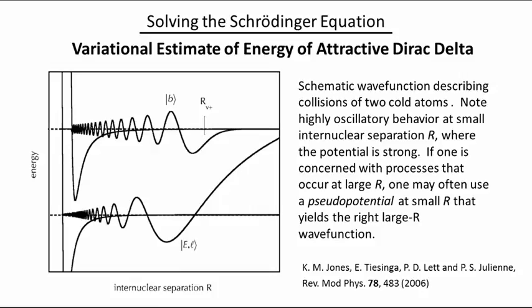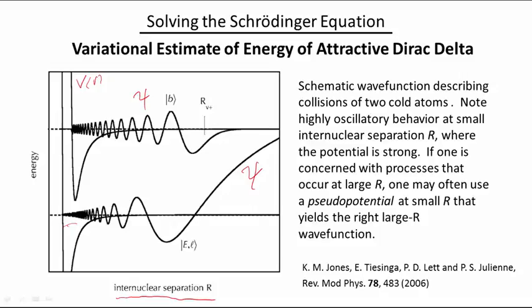Here we see a schematic representation of a wave function for an ultra-cold atom system, two atoms colliding. Here is the quantum mechanical wave function for two cases, a bound and a free state, and then this is the intermolecular potential. You see in this system there's a lot going on in the region of close approach of the two atoms, and many wiggles in the wave function.